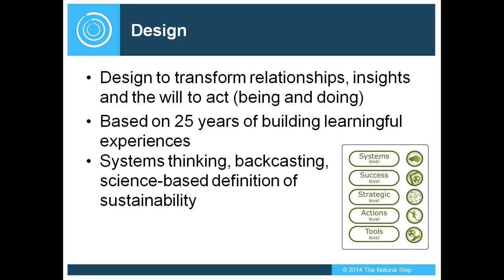It's also based on having 25 years, which The Natural Step has had, of building learningful experiences. Again, it's not just collectively coming up with a notepad of your to-do list, but having interventions that are learningful, which means that in your process, whether it's conducting an interview, hosting a workshop, whatever it might be, those things are learningful and to at least some degree somewhat transformative, to be able to take an initial engagement and to some small degree get people to open up in terms of their trust, in terms of their understanding of how to work together, or even just to work together.